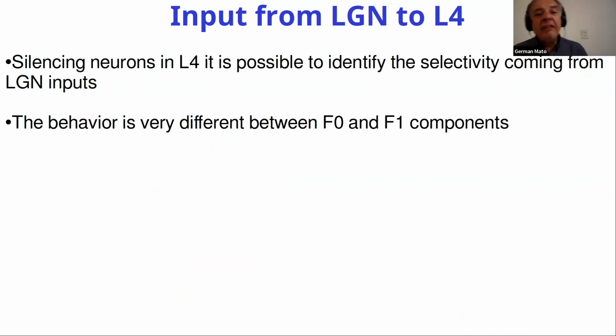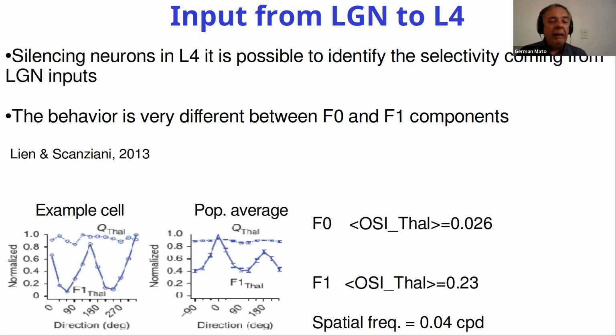Well, they find that the behavior of this thalamic input is very different if I compare F0 and F1 components. On the left, we see one example cell. This is from the paper of Lien and Scanziani. Remember that F1 is the component of the activity that is modulated with the frequency of the drifting grating. So we see that F1 is very strongly selective to the direction of the stimulus.